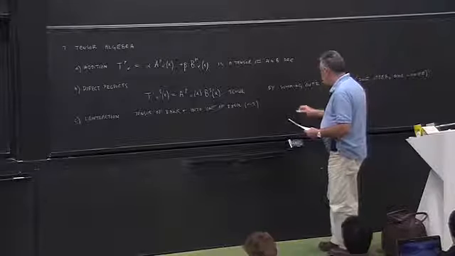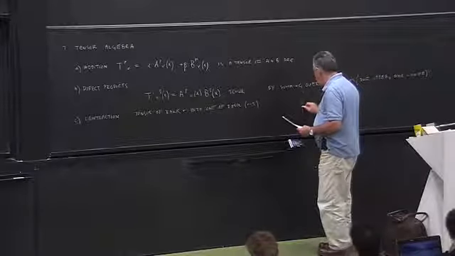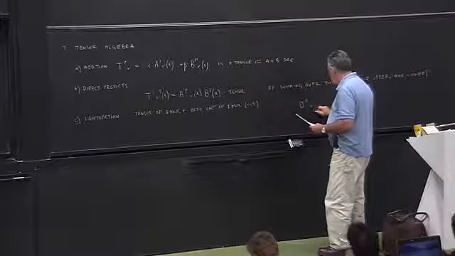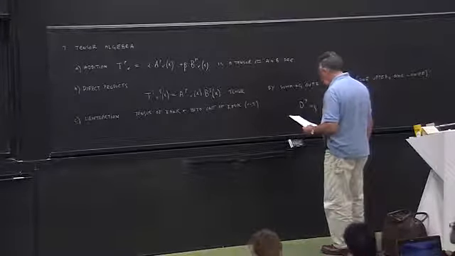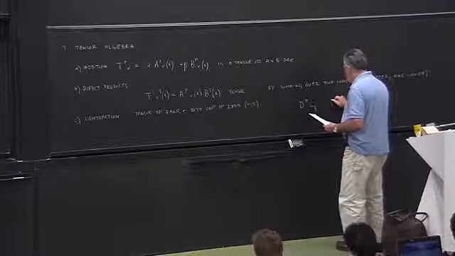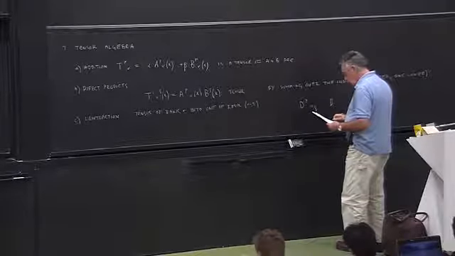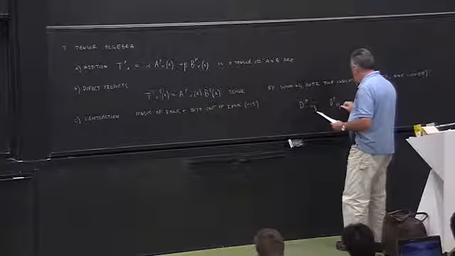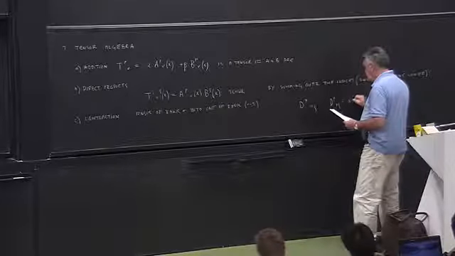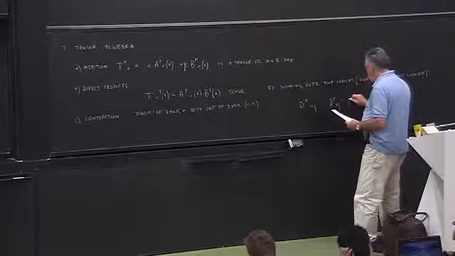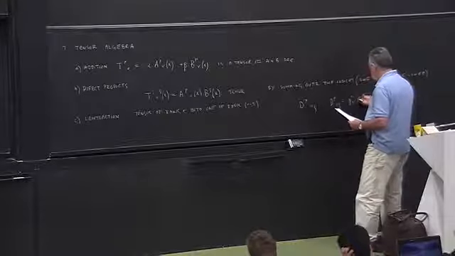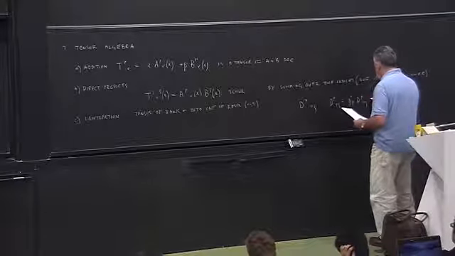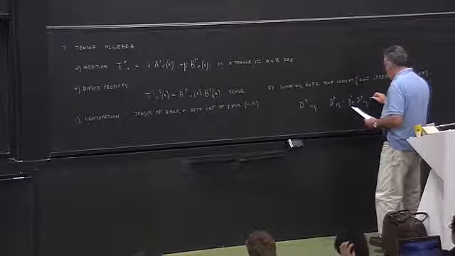For example, let's suppose we have some tensor D mu rho, then D rho, which is by definition delta mu D mu rho, is a tensor, or it's a vector.